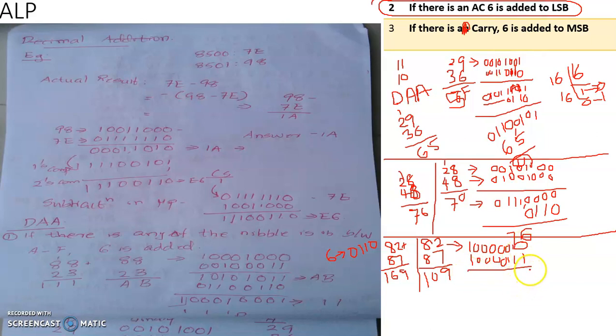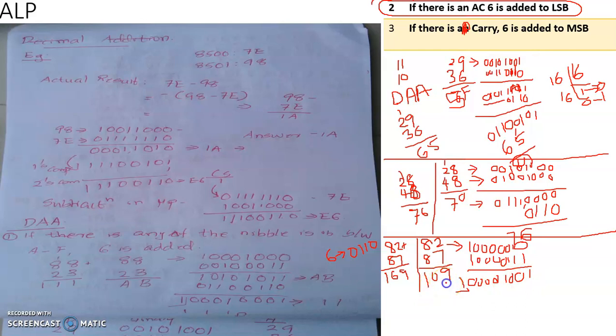Now we add these. 1 plus 1, 0 with a carry 1. 1 plus 0, 1; 1 plus 1, 0 with a carry 1. 1 plus 0 plus 0, 1. 0 plus 0, 0; 0 plus 0, 0. 1 plus 1, 0 with a carry 1. This result is 1 0. This is 8 plus 1, 9.